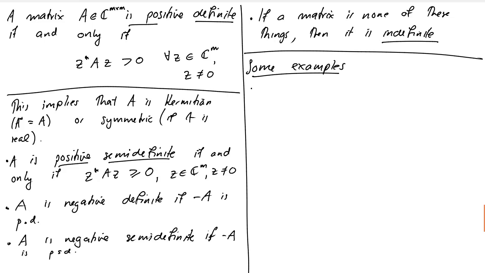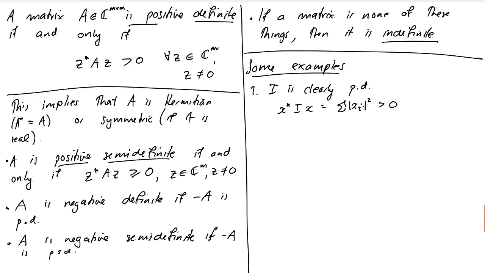Okay, so number 1. I, the identity, is clearly positive definite. Why is that? Well, x star Ix is equal to the sum of absolute value of xi squared, which is clearly greater than 0.